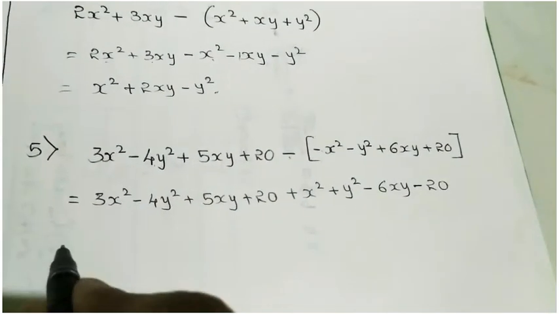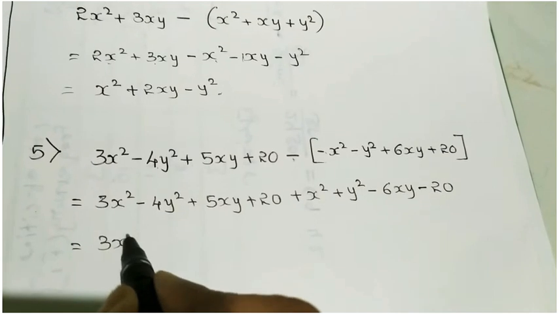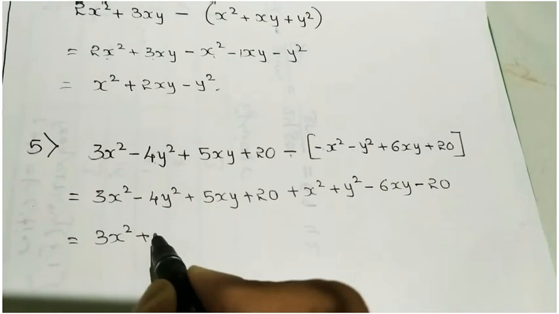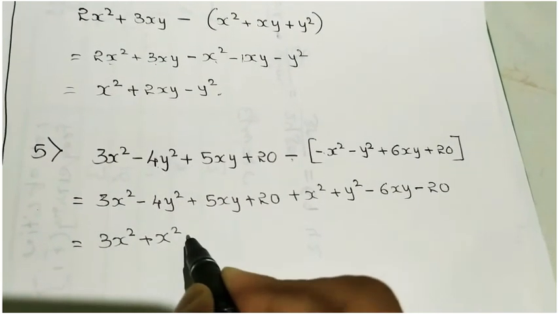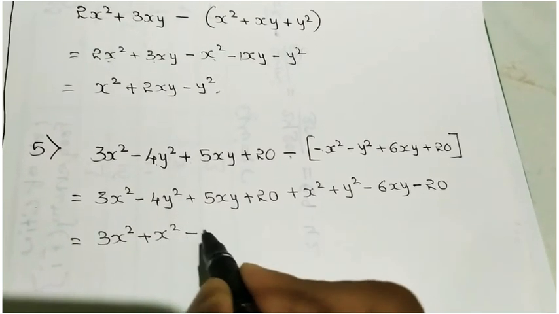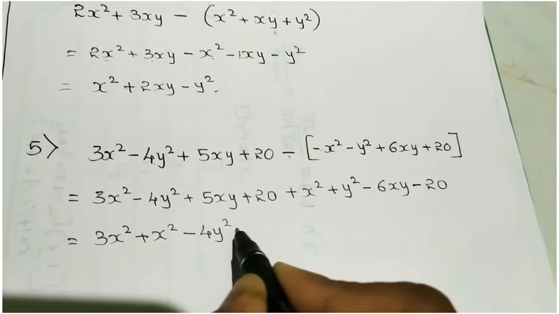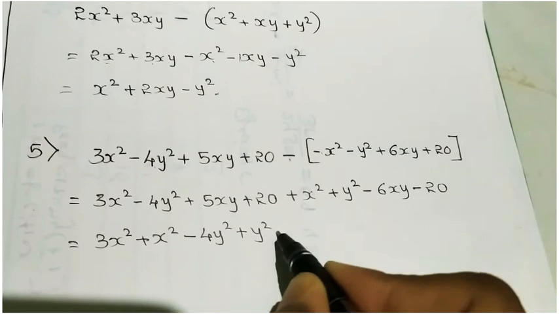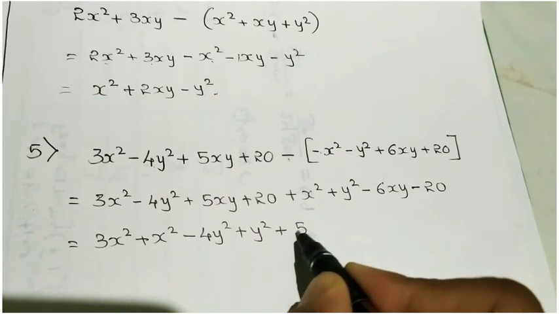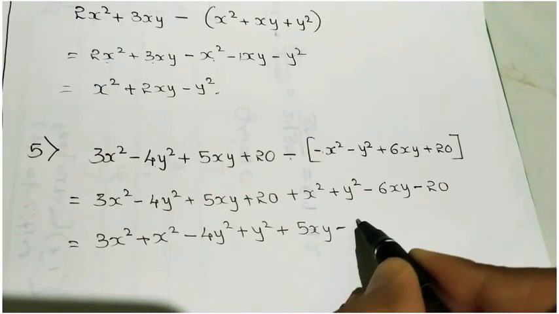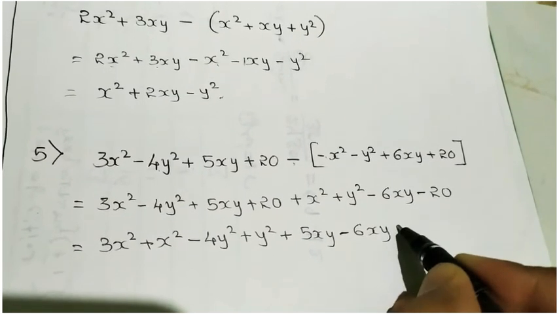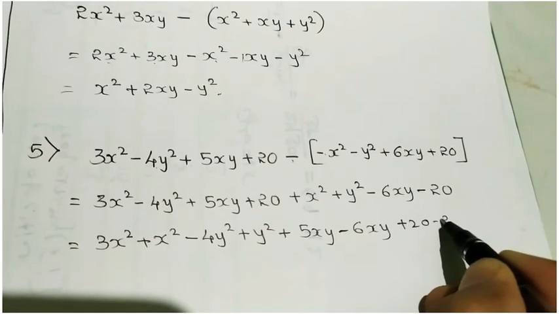So now write the like terms. 3x square is there here, plus x square is there, again minus 4y square plus y square, plus 5xy minus 6xy, plus 20 minus 20.